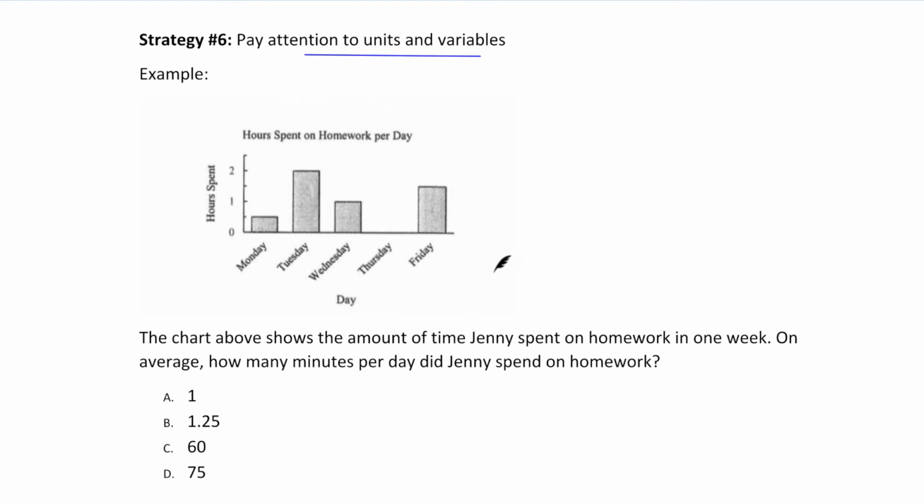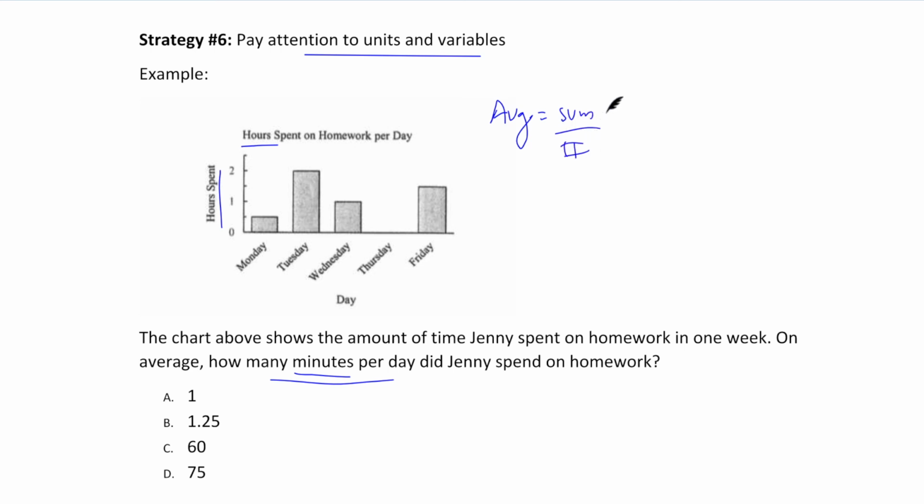The chart above shows the amount of time Jenny spent on homework in 1 week. On average, how many minutes per day did Jenny spend on homework? The answer is asking for minutes, but look at the chart. That is in hours, so be very careful. The first thing you need to do is calculate the average, which is sum over total number.